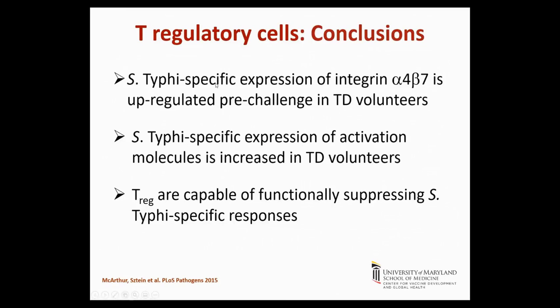So, in conclusion from this section of the talk, typhoid-specific expression of integrin alpha 4 beta 7 is upregulated pre-challenge in those volunteers who develop typhoid disease.